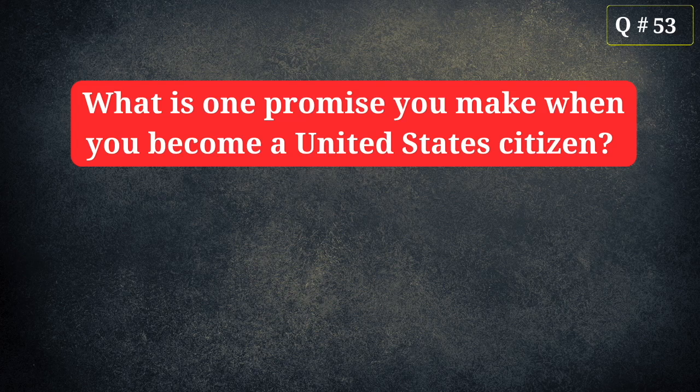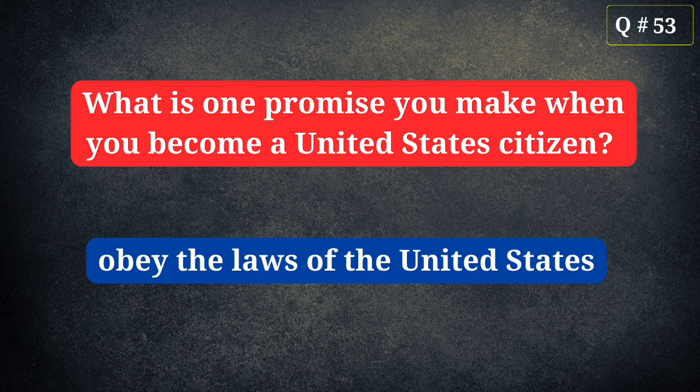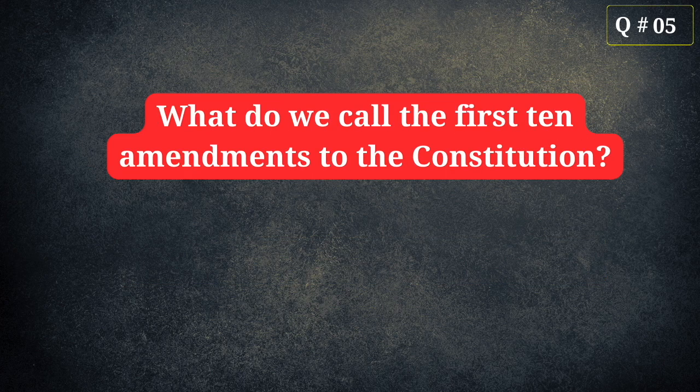What is one promise you make when you become a United States citizen? Obey the laws of the United States. What do we call the first 10 amendments to the Constitution?